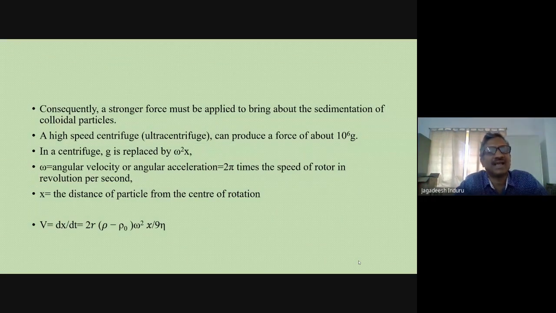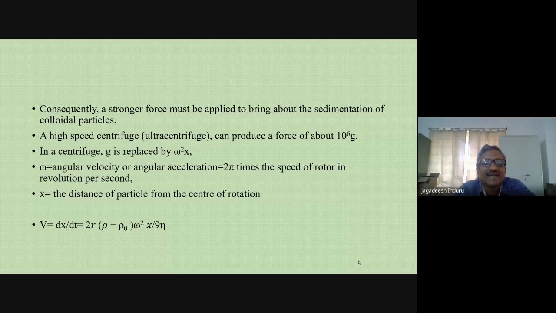Here omega is the angular velocity, or angular acceleration. You can calculate it by taking 2 pi times the speed of the rotor in revolutions per minute, because 2 pi r is the path length, and with RPM you calculate the number of rotations; fixing the time, you get how much velocity the particle will have. x is the distance of the particle from the center of rotation.